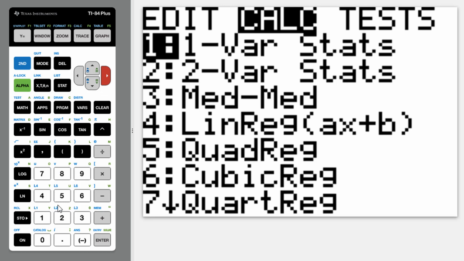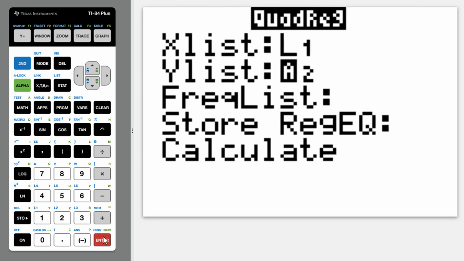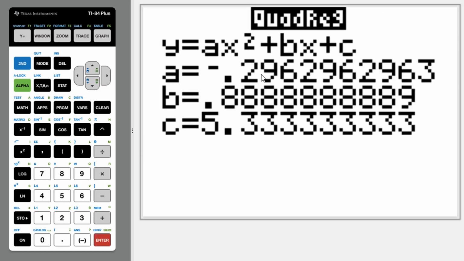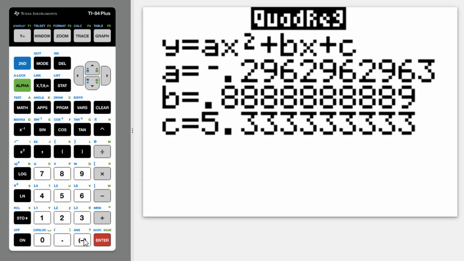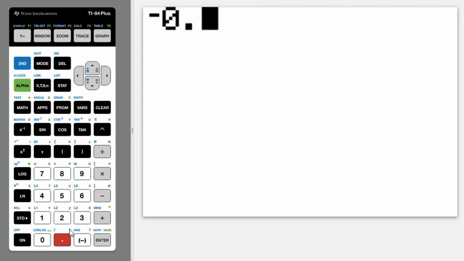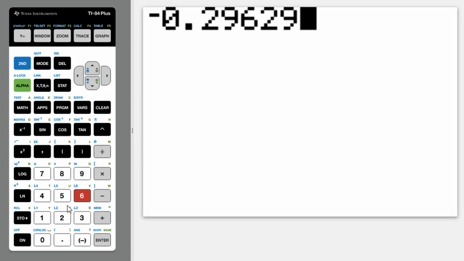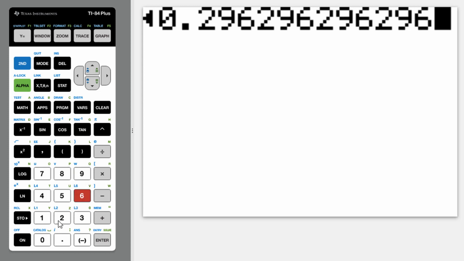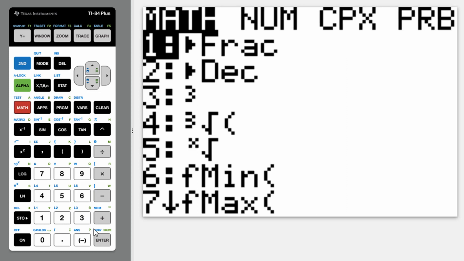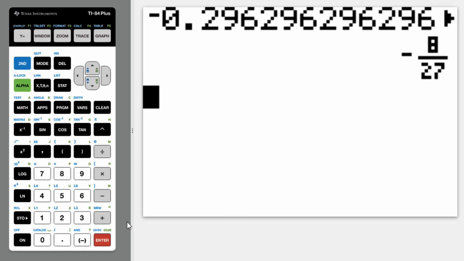Then stat, calculate, press 5, enter. You can change all this into fraction. We will put -0.296, keep going. Then go to math, enter, enter. You will get the fraction.